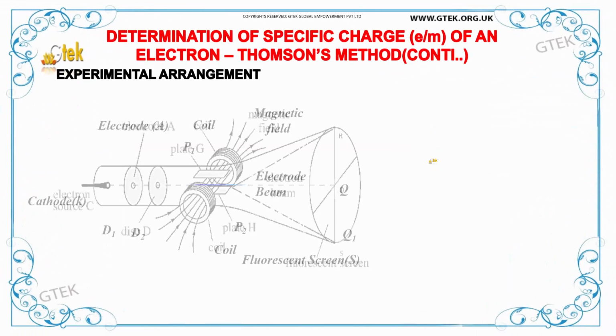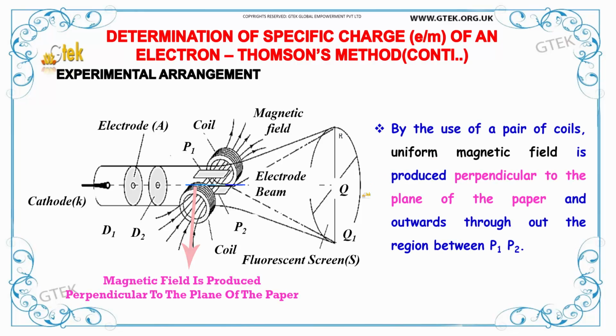Moving further, you are able to see that by the use of a pair of coils, a uniform magnetic field is produced perpendicular to the plane of the paper in this direction and outward towards the region between P1 and P2.